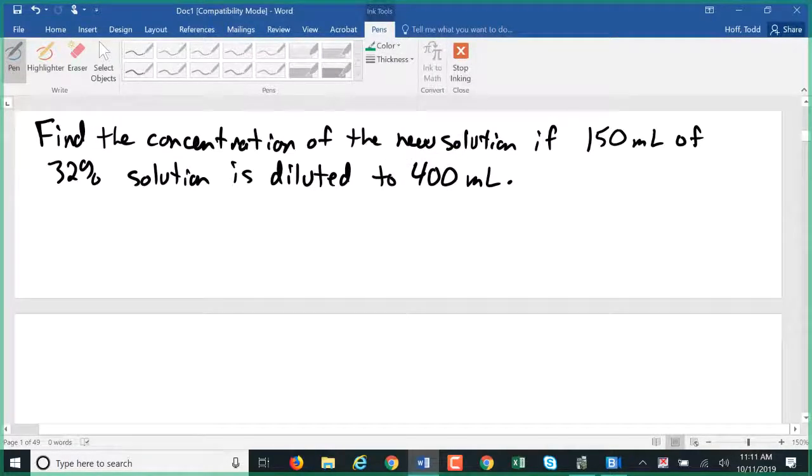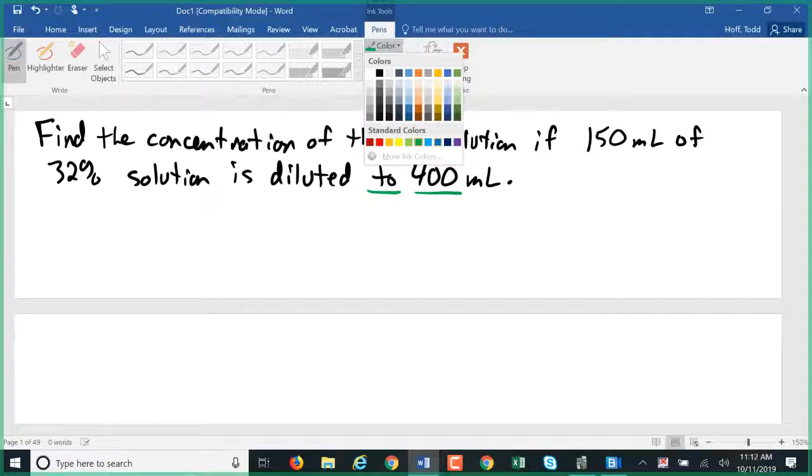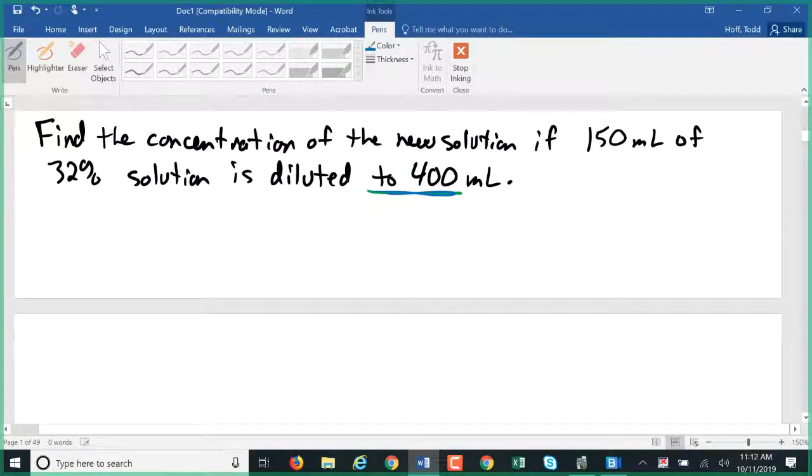Very important wording I need to point out here. If it is diluted to 400 milliliters, that is saying that we are taking it to a new total volume of 400 milliliters. If I had said we are diluting it with 400 milliliters, that would mean we are adding 400 milliliters to it. So in this case, it's the simpler one: our new total volume is going to be 400 milliliters.